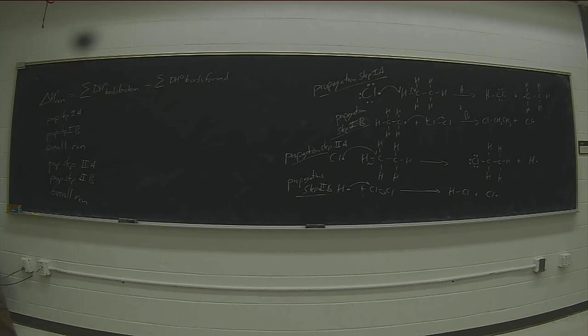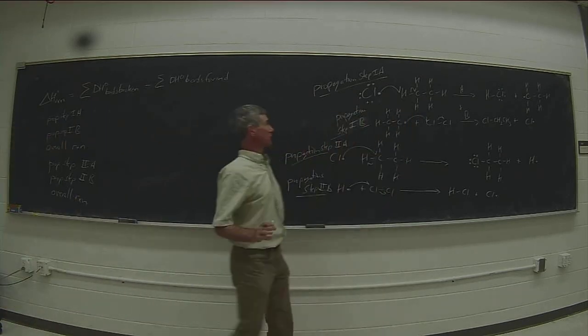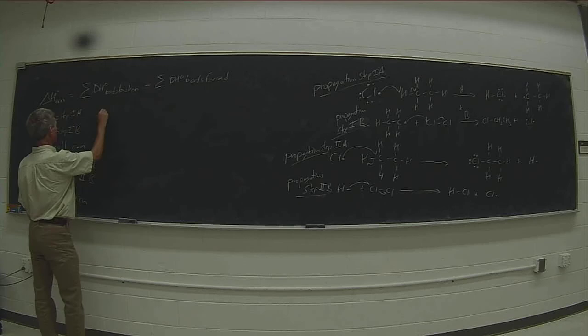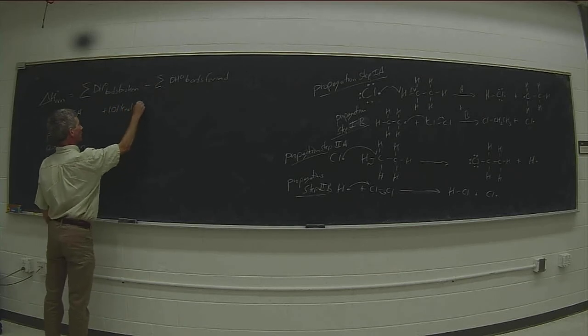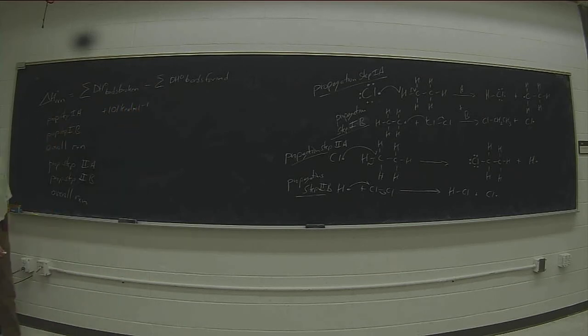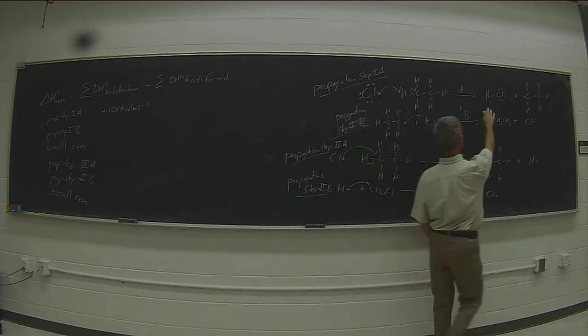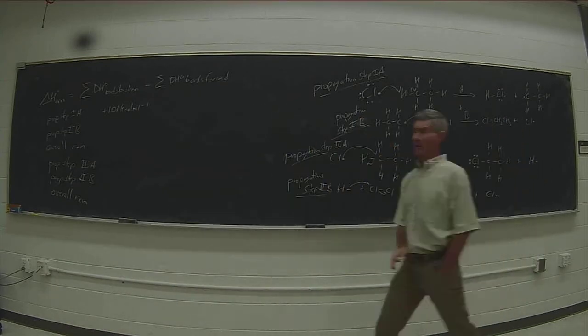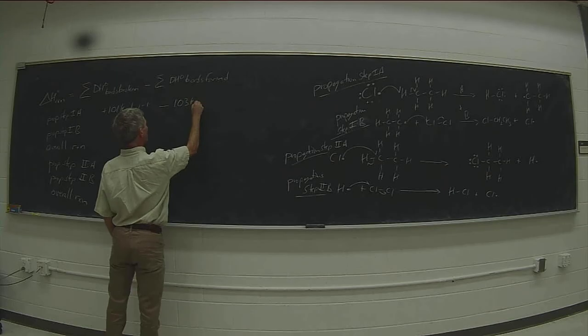So in propagation step 1A, we are breaking a primary carbon-hydrogen bond, and that costs us 101 kilocalories per mole. And then we are forming a hydrogen-chlorine bond, and that will release 103 kilocalories per mole.